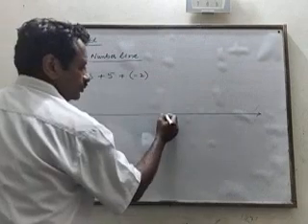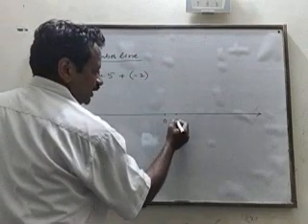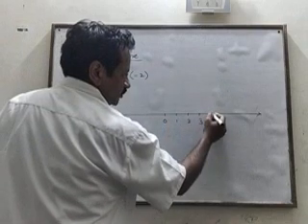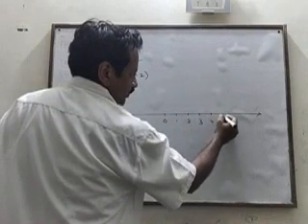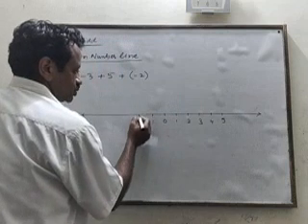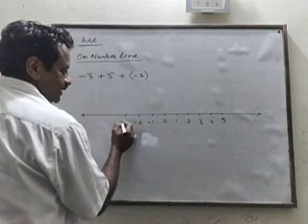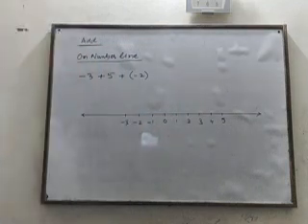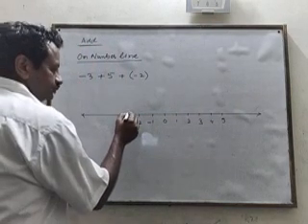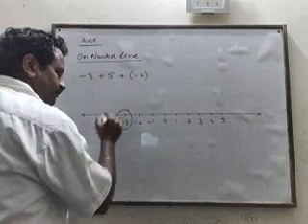So here it is 0, 1, 2, 3, 4, 5, minus 1, minus 2, minus 3. And my starting point is minus 3. This is my starting point.